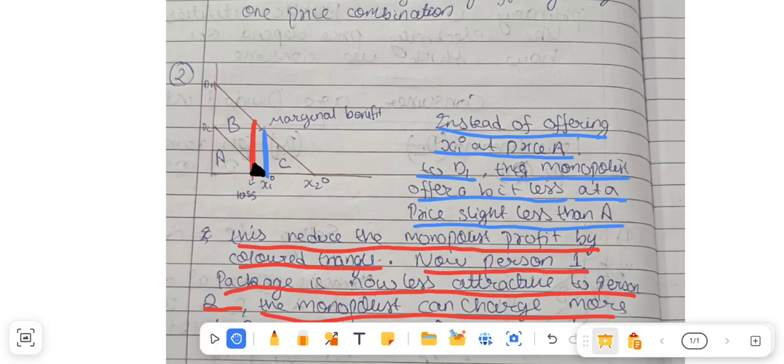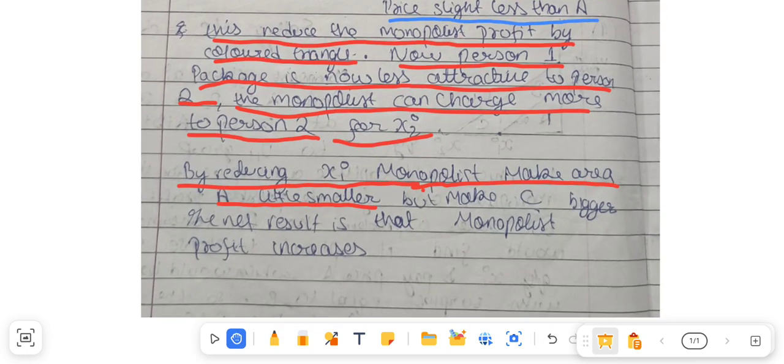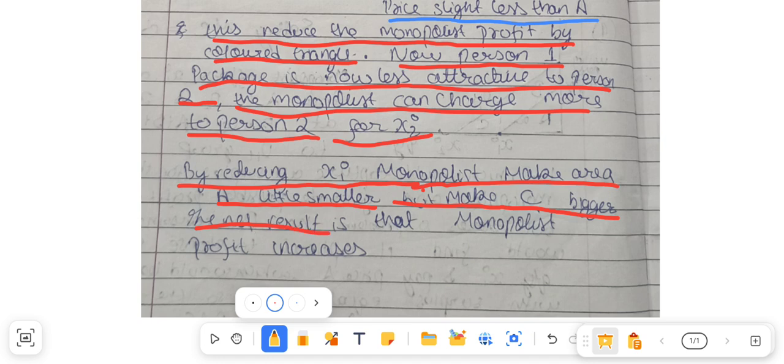Here we can see that area A has become smaller, but the monopolist has made area C bigger, so the net result is that the monopolist's profit has increased.